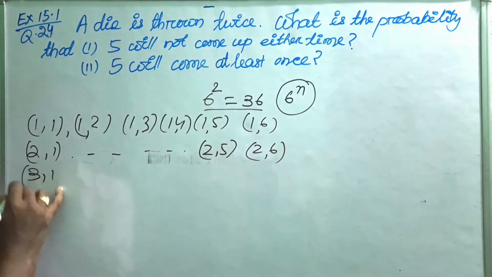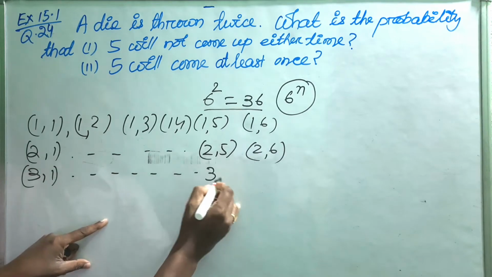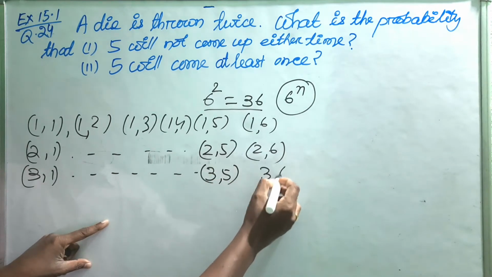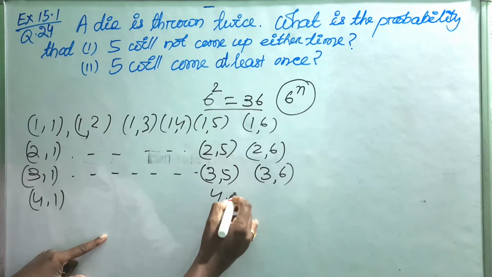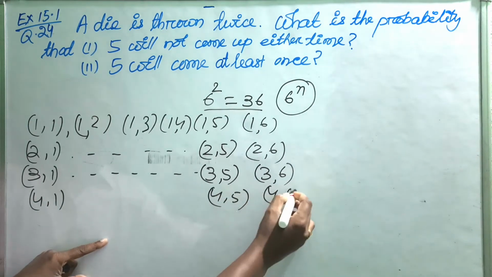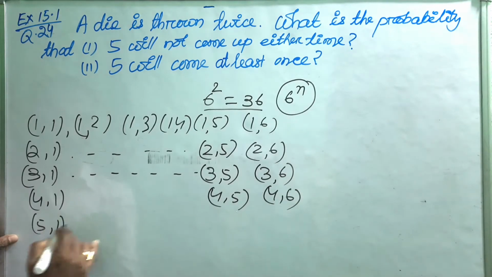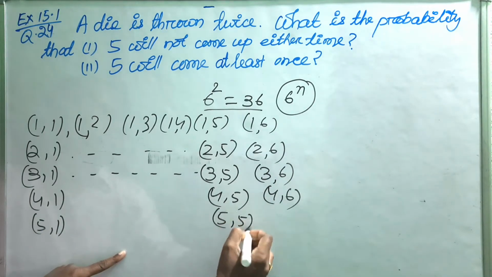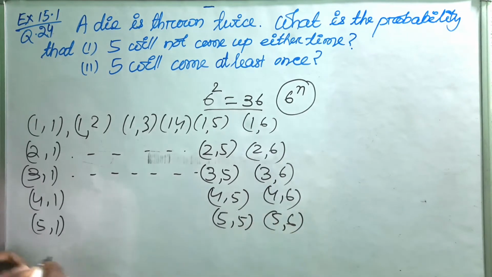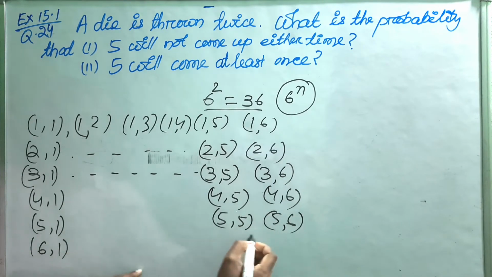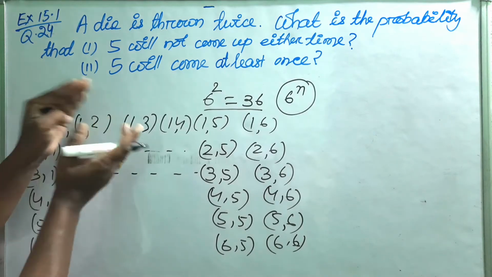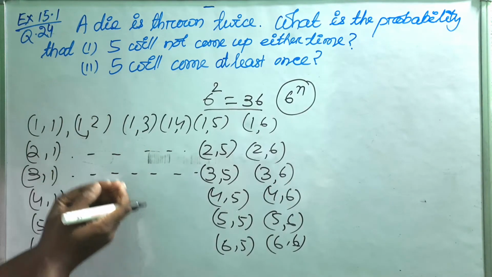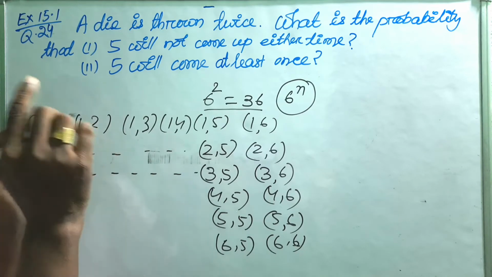Then 3 1 up to 3 5, 3 6, then 4 1 up to 4 5, 4 6, 5 1 up to 5 5, then 5 6, then 6 1, 6 2 up to 6 5, then 6 6. Okay, these are the total possible outcomes when a die is thrown twice.